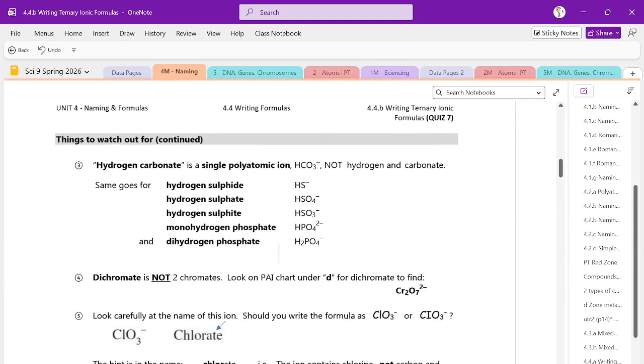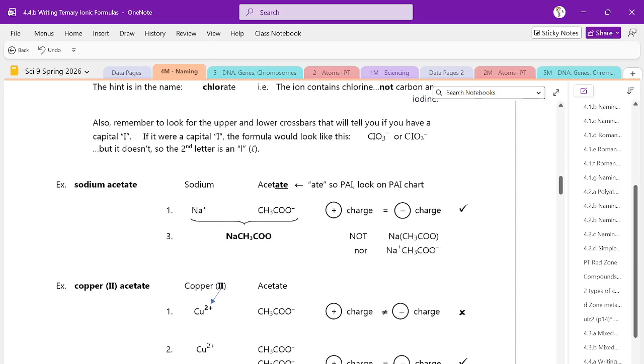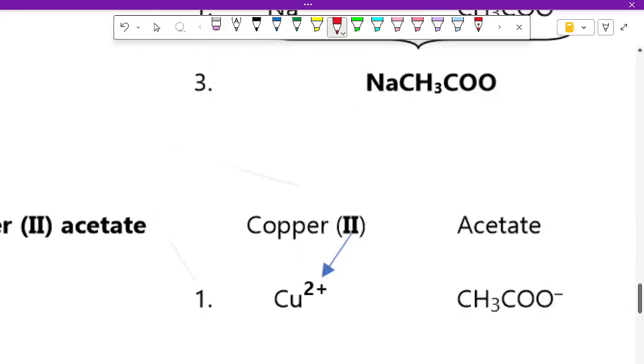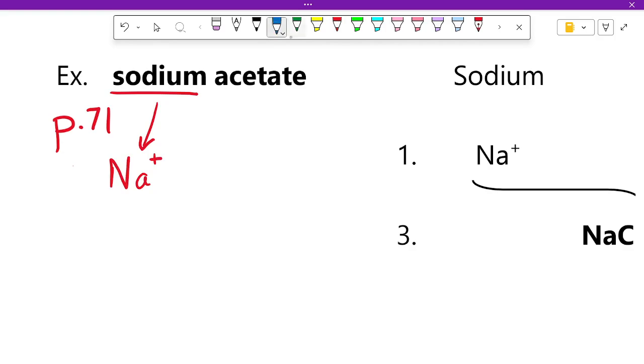We're going to skip this little bit here. And we're just going to do a couple of examples. So we are now on page 71. Sodium. What is the symbol and charge for sodium? Na plus. We have acetate. Where do we find eights?